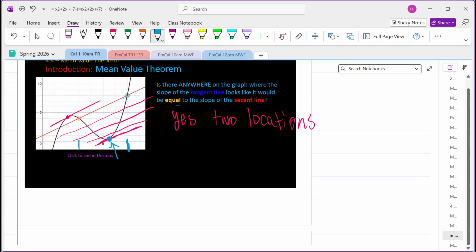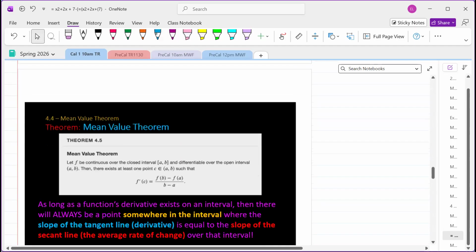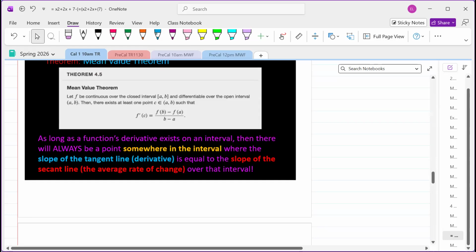Now, there happened to be a secondary point. The mean value theorem doesn't guarantee that secondary point, because if this was a parabola, if the graph just kept going up, then there'd only be that one point. So the only one we get guaranteed from the mean value theorem is somewhere in between the 2 points. There has to be a point that has that slope.